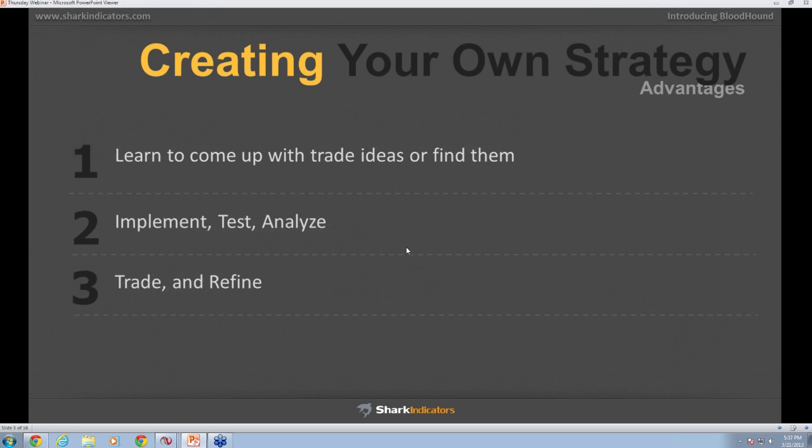And it's not so hard. You just look at your charts, you study them enough, you'll start to see things. It's a lot of observation. In the end, learning how to come up with your own ideas is far better than simply following somebody, because if you follow someone, you're always one step behind.